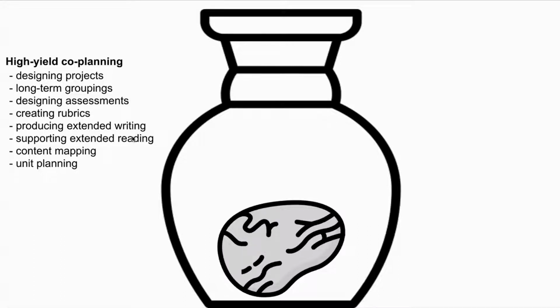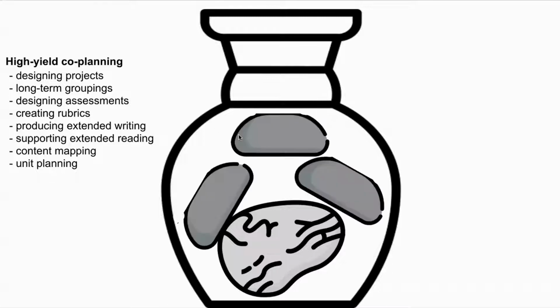What are students going to do by the end for their writing? What are students supposed to be reading throughout the unit? Maybe we're content mapping. Maybe we're unit planning with our teachers. If we start with the stone, this leaves all the space left for the pebbles, and then finally the sand.